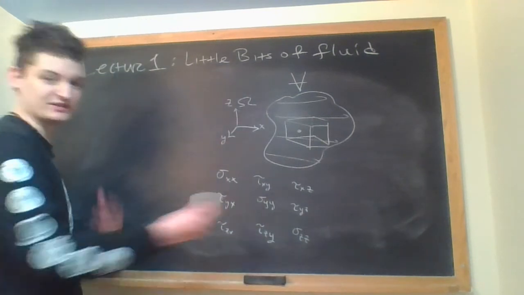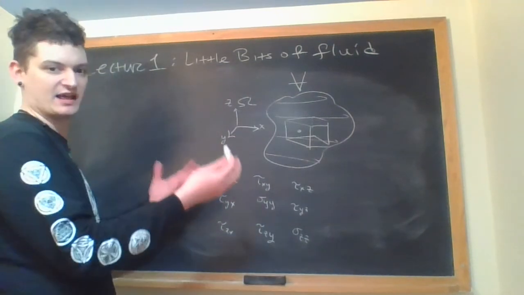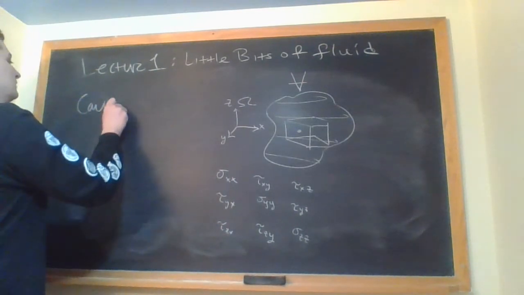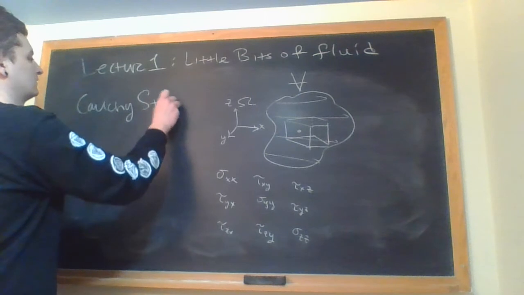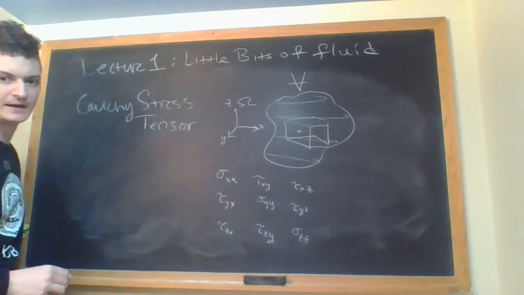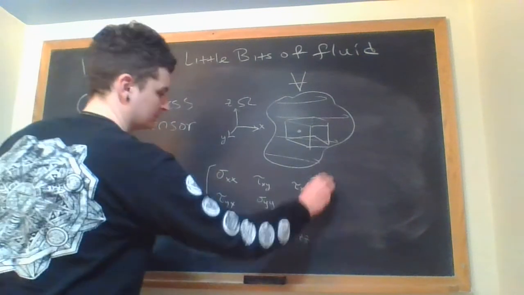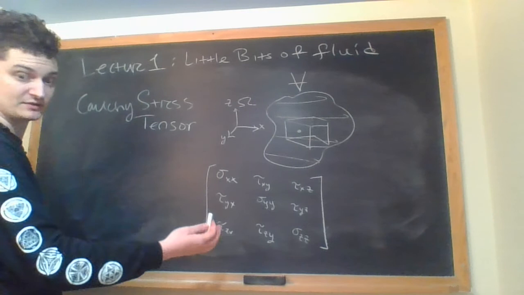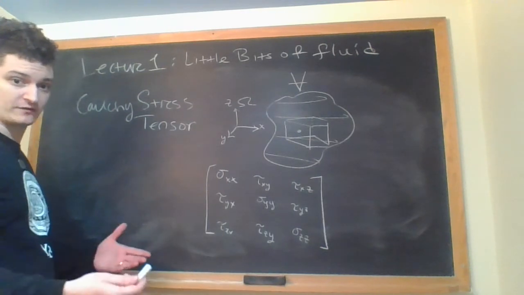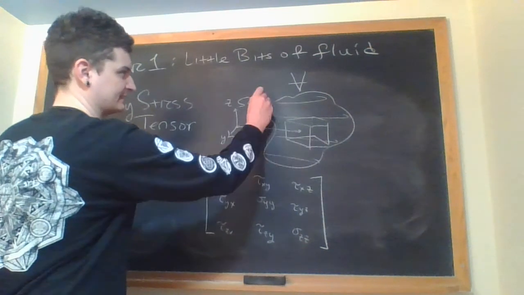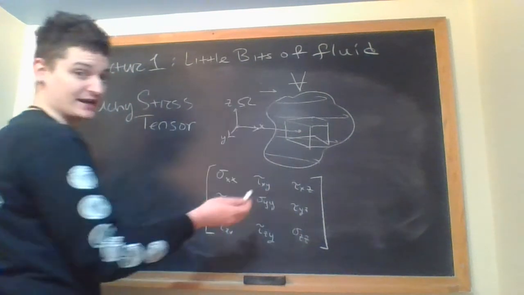So these are the 9 components of this giant thing called a Cauchy stress tensor. And that's all of these things. So this is a monster because before we described a vector field, which at every single point in space assigns some velocity, a vector.